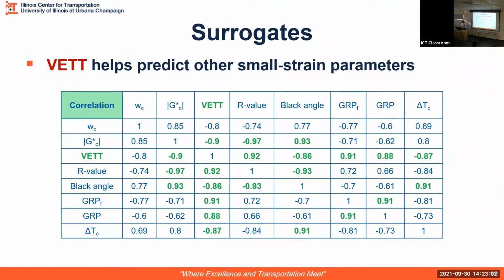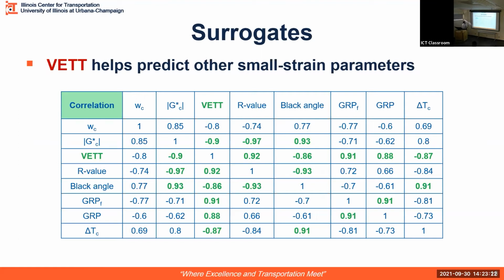So when all these different parameters are put together, we saw that they have a very good correlation. These small strain parameters have a very good correlation amongst each other. However, some specific parameters like viscoelastic transition temperature or crossover temperature are mostly correlated to most of them.